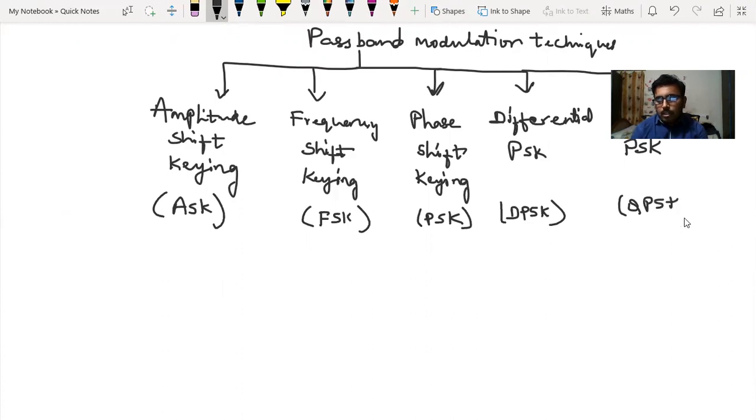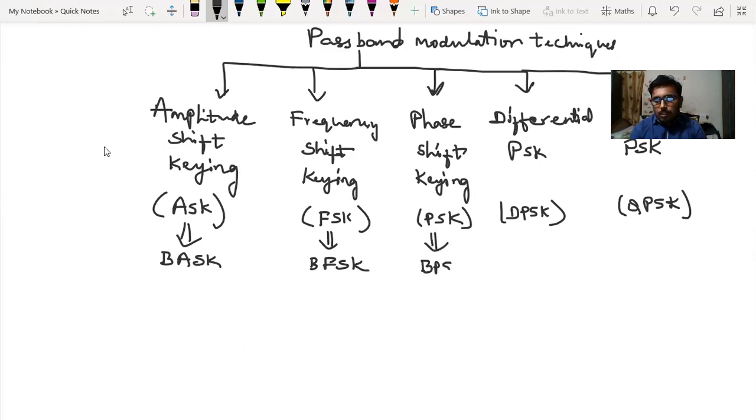Okay. The difference between all these is that they are going to carry binary information. We are giving the input in terms of binary data, so these are named with a B prefix: BASK, BFSK, and BPSK, binary phase shift keying.